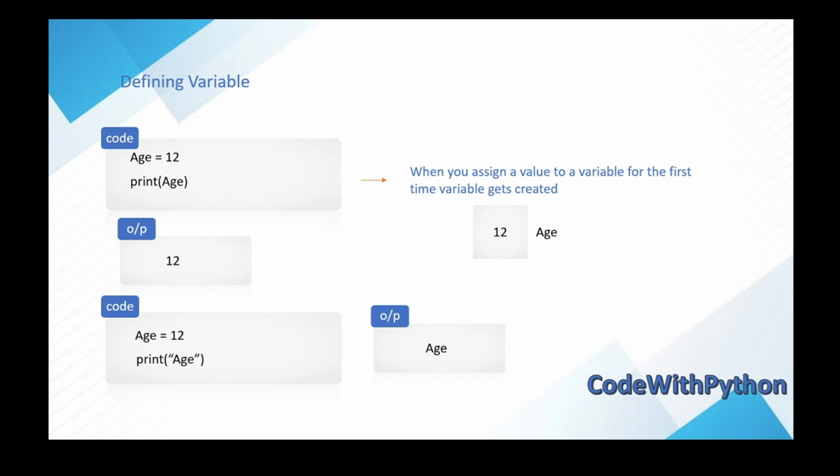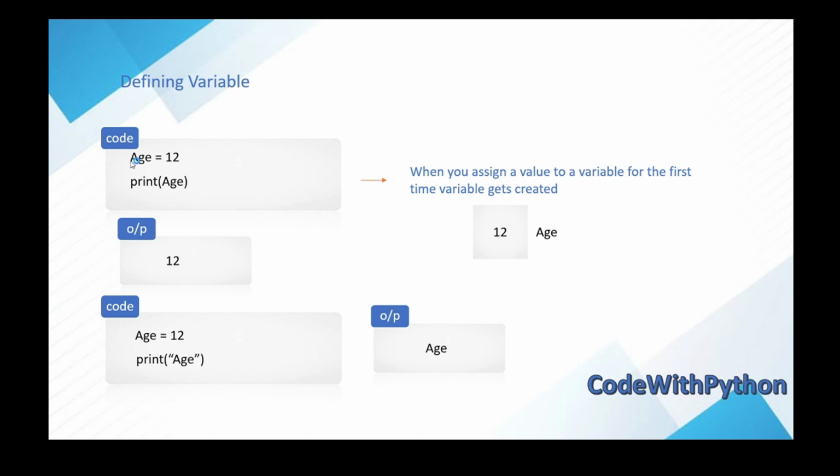So print age. What will we print here? The value we have stored inside the variable should get printed. Age is nothing but 12, so 12 should be printed here. When you assign a value to a variable for the first time, the variable gets created. Till now we have not written any other code, right?